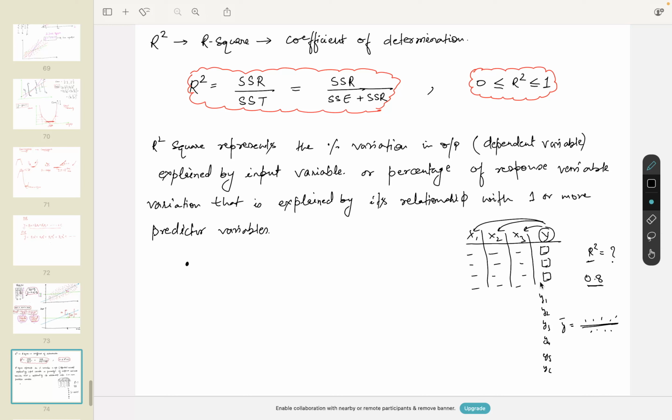Getting my point? Is able to explain 80%. So tell me, the value of r square should be high or should be low? Reason?